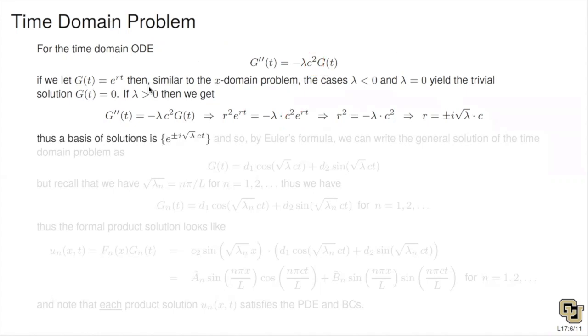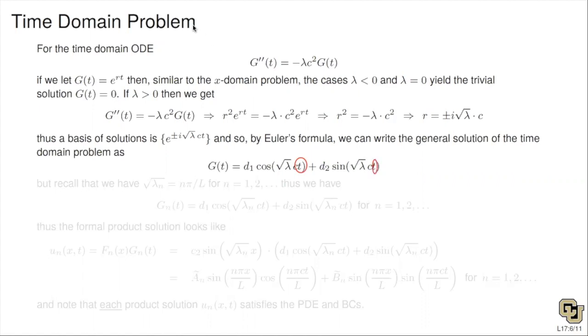So again, the basis of solutions are these complex functions. And again, by Euler's formula, we can write the general form of the solution as a linear combination of sine and cosine terms. Root lambda, instead of x, is in the t variable, and we have this additional constant C because we have this C squared term that we purposely put on the time domain problem.